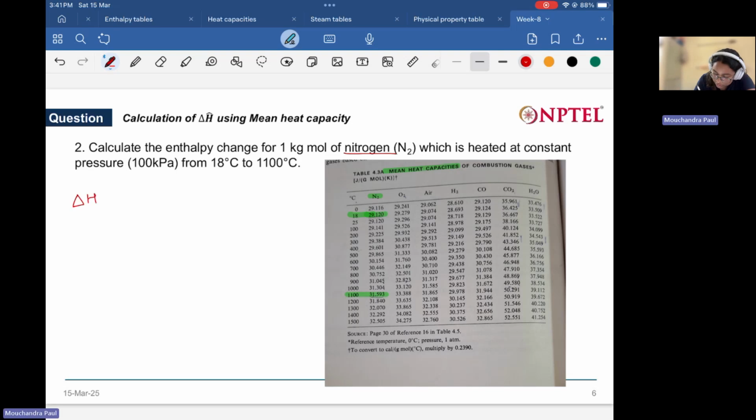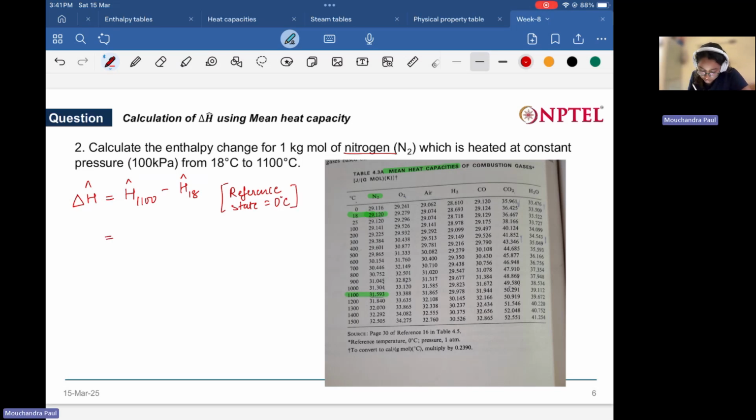So change in enthalpy is basically enthalpy at final state, 1100 degrees Celsius, minus enthalpy at initial state, 18 degrees Celsius. Now assume reference state is 0 degrees Celsius.